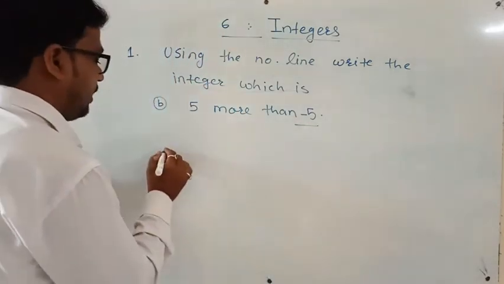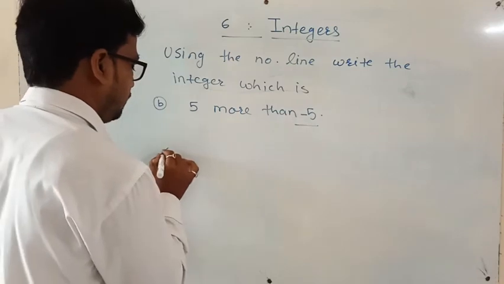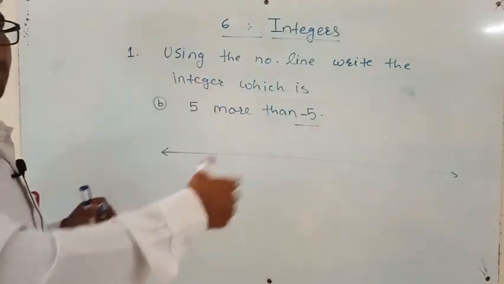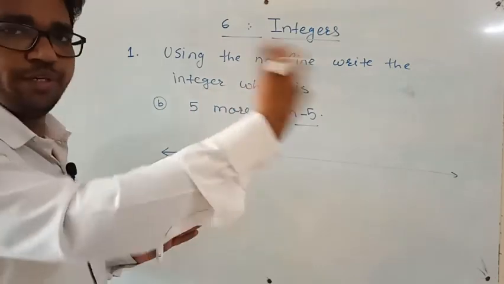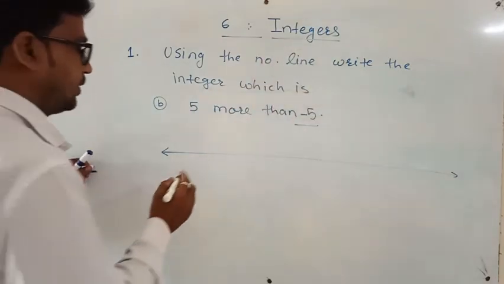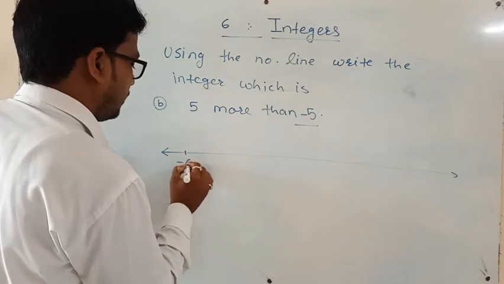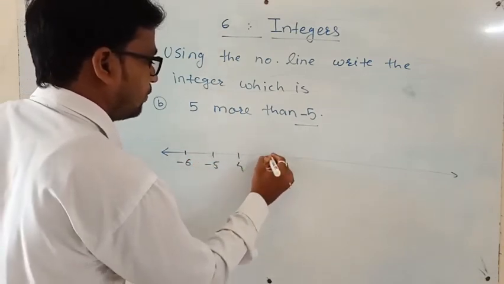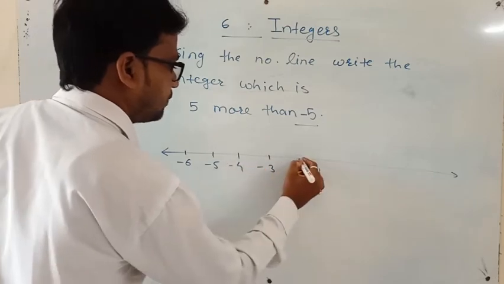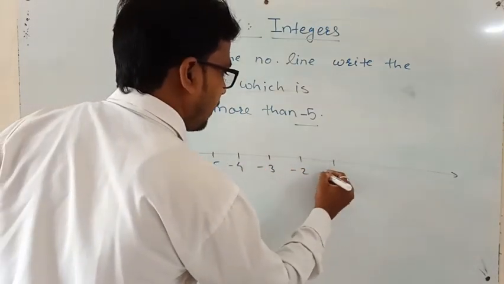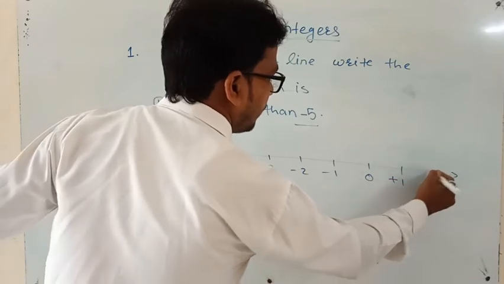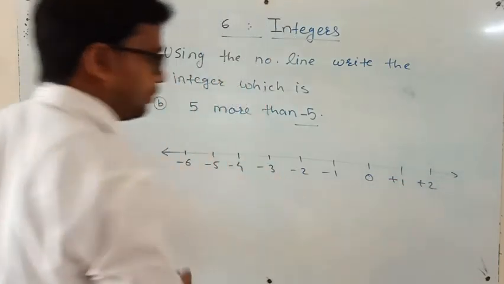We can start with negative 5 or negative 6 also, and more is there, so the place moves towards the right. So here we start with negative 6, negative 5, negative 4, negative 3, negative 2, negative 1, then 0, then positive 1, positive 2.